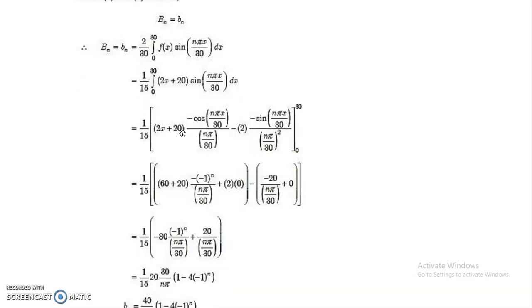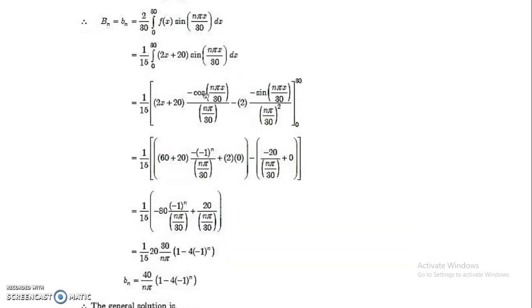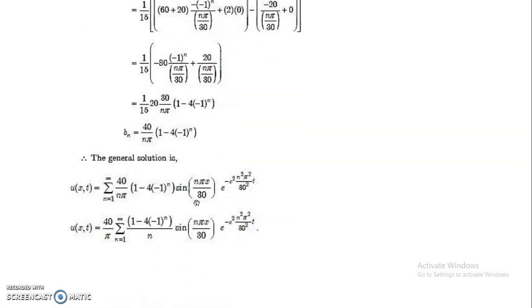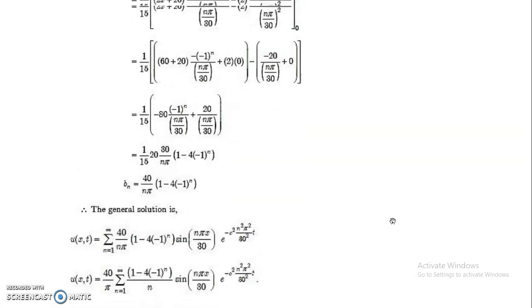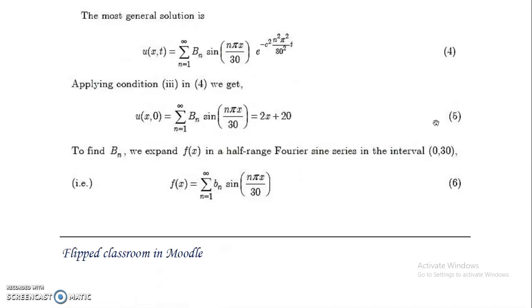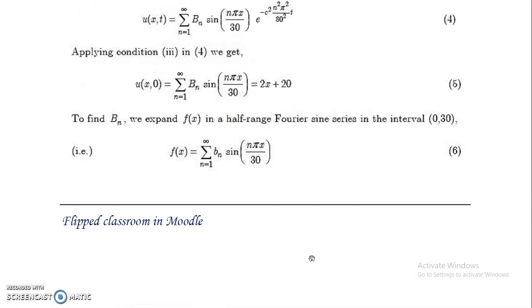So use the Bernoulli's formula u v1 minus u dash v2, and the range is here. After applying the limit, you will get a formula like this. Now the most general solution, which means equation number 5, have a substitution here on equation number 5 after getting this Bn value.